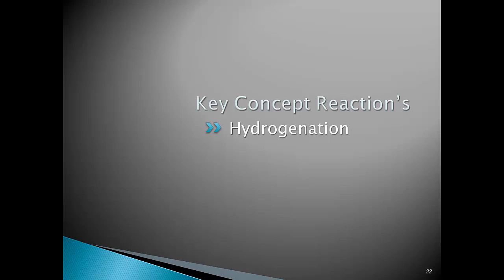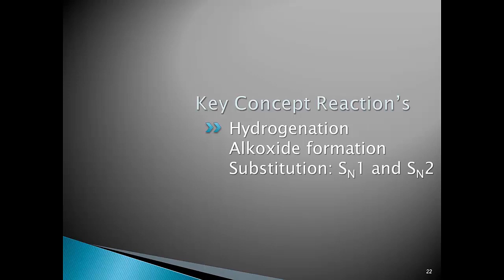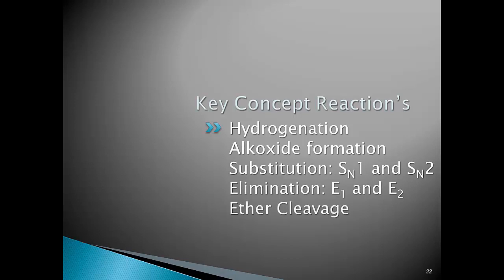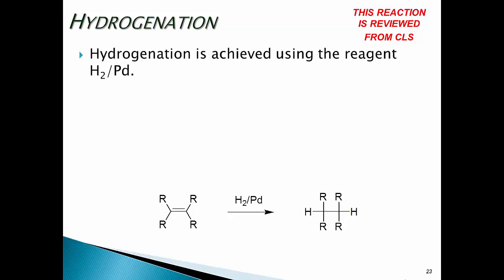Okay, so let's have a look at the key concept reactions. So hydrogenation, alkoxide formation, substitution SN1, SN2, elimination E1 and E2, and ether cleavage. These are the main ones that we're going to be going through. Let's firstly have a look at hydrogenation.